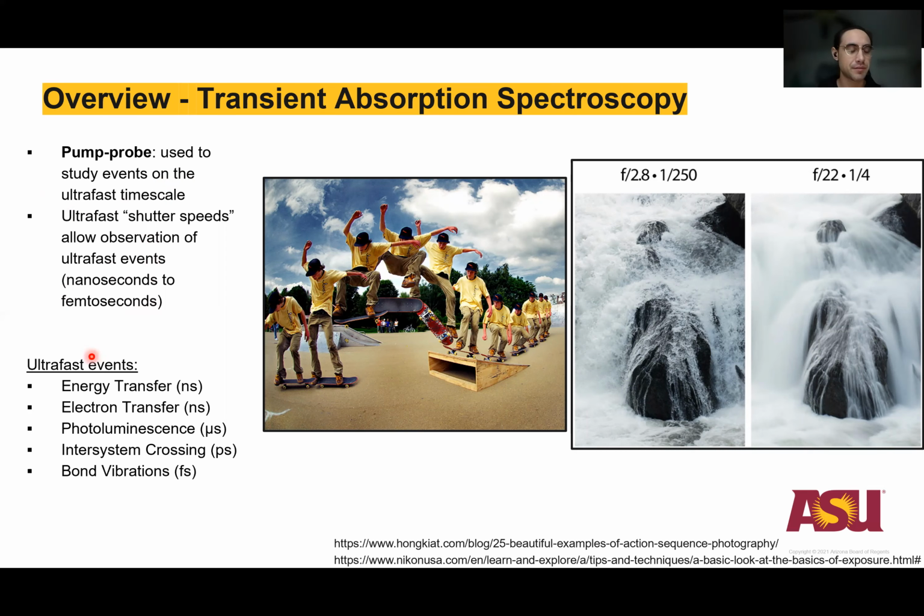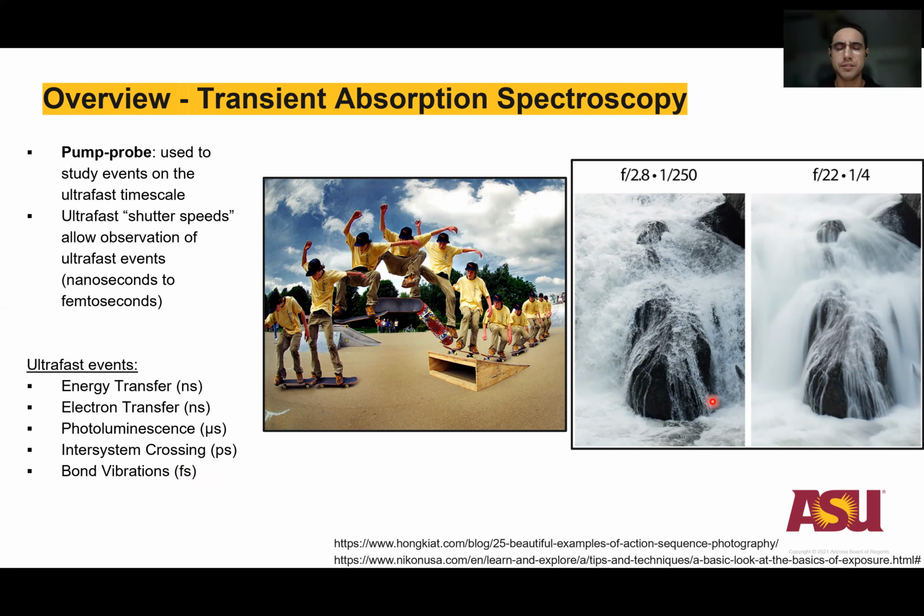Some examples of those would be energy transfer and electron transfer, which occur on the nanosecond timescale, photoluminescence, which occurs on the microsecond timescale, intersystem crossing, which occurs on the picosecond timescale, and then other things like bond vibrations that occur all the way down on the femtosecond timescale.